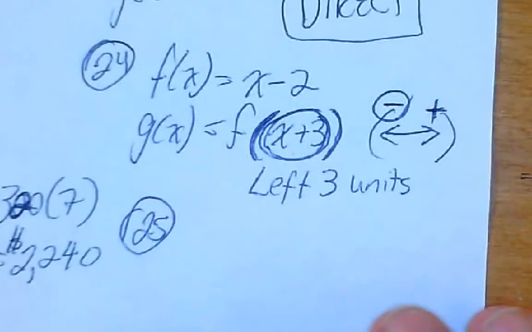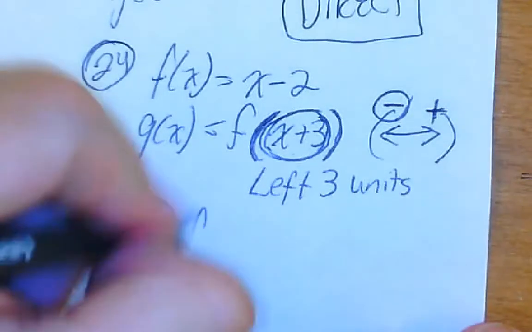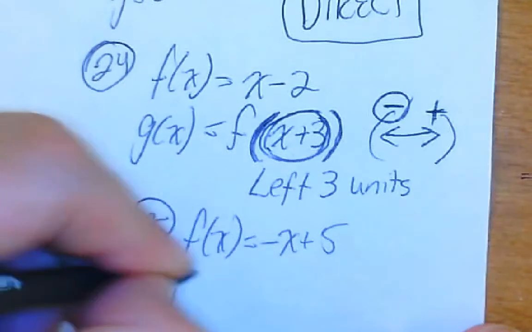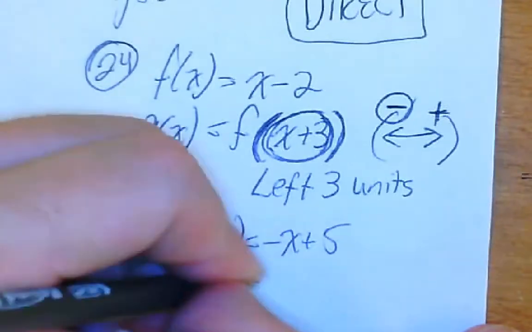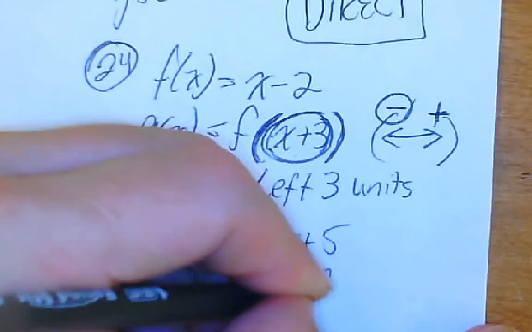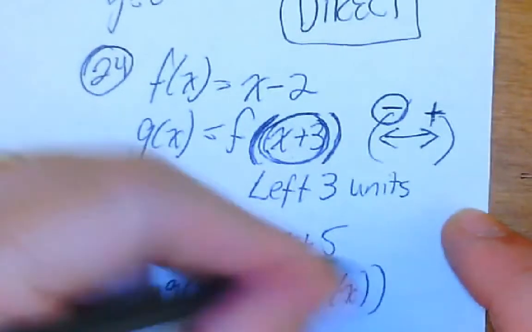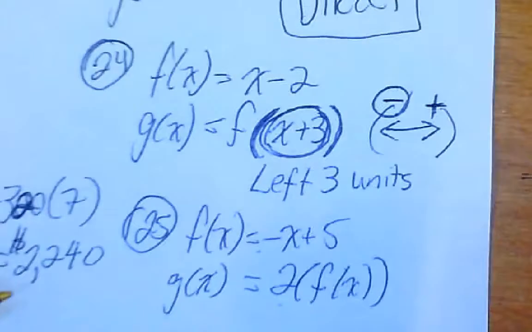Number 25's translation starts off with negative x plus 5, and then it goes into 2 times the function. So we're going to multiply this entire function, the whole thing, by 2.